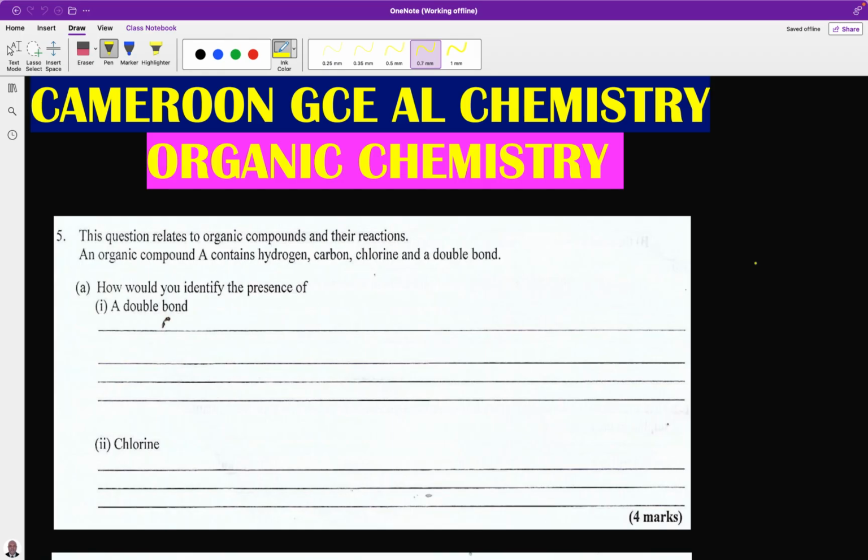Section B on inorganic chemistry, and section C on organic chemistry. But because of the limitation of time, we are going to treat these 3 sections independently. And today, we will be starting with section C, which is the organic chemistry part of it.